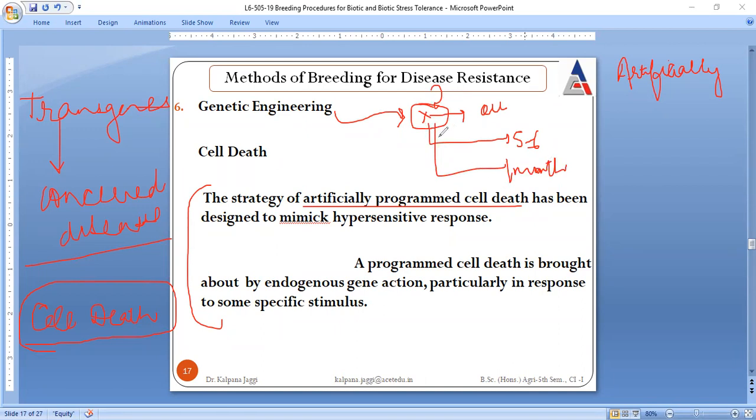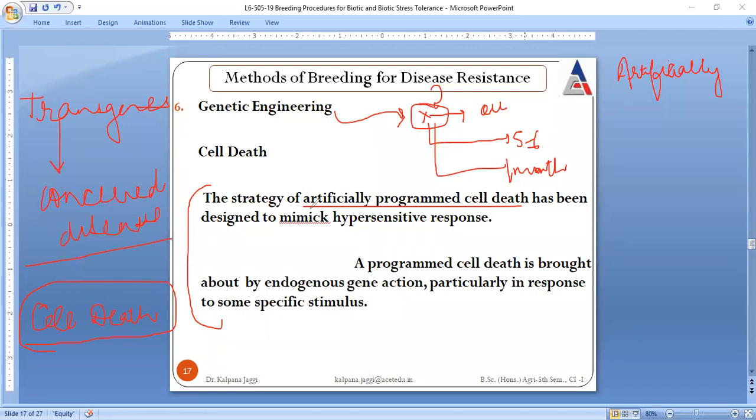So it is not always that you have to modify the variety so that the plant could survive the attack of the pathogens. No, genetic engineering also includes the concept where you are programming the cell towards death, so that along with the death of the host, there is the death of the microorganism responsible for originating the disease, right?